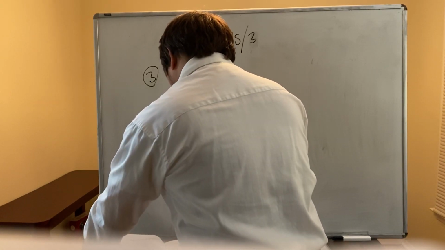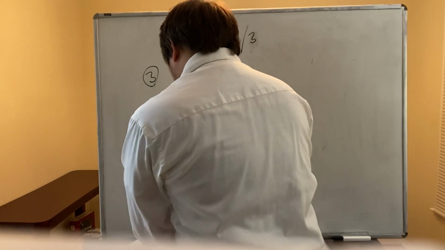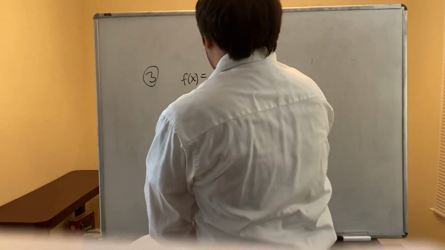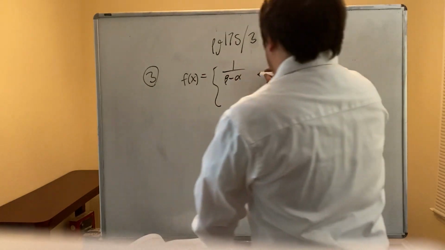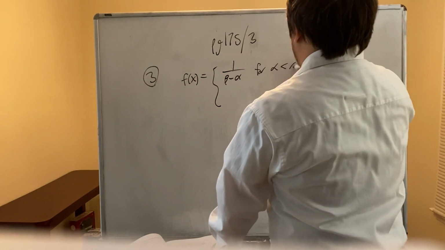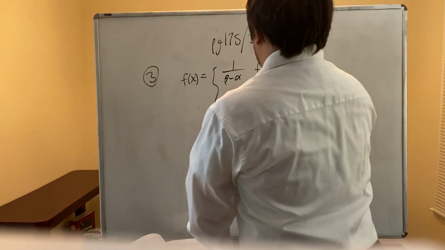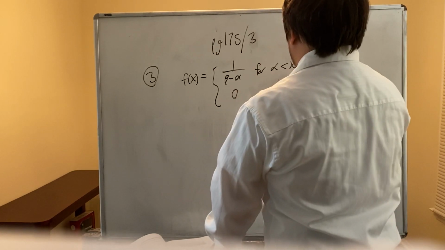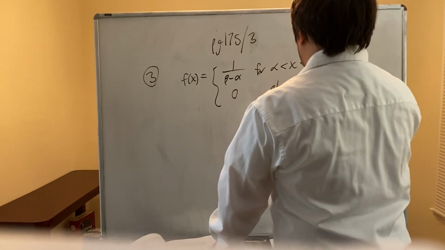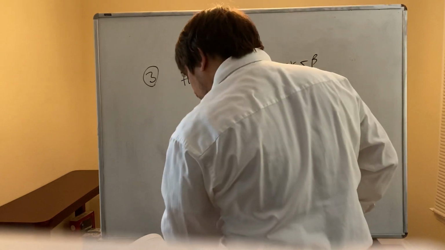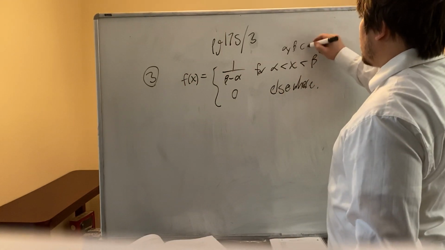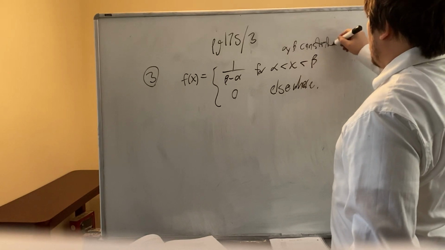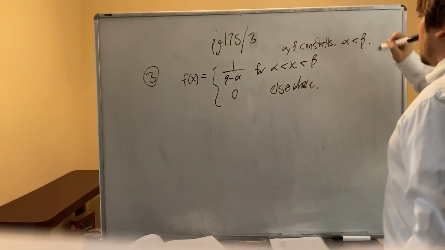Okay, so f of x is equal to 1 over beta minus alpha for alpha less than x less than beta, and 0 elsewhere. Here alpha and beta are constants, and alpha is less than beta.